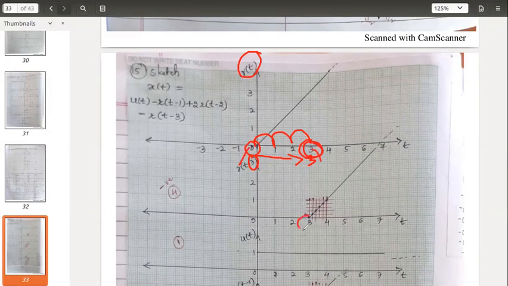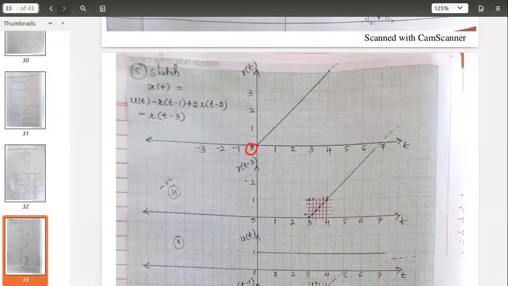So your signal will start at 3, and the same ramp will continue. Again, the slope of this line is equal to 1. The only difference between r of t and r of t minus 3 is that r of t starts from 0, r of t minus 3 starts from 3. That's the difference. One signal I have drawn.